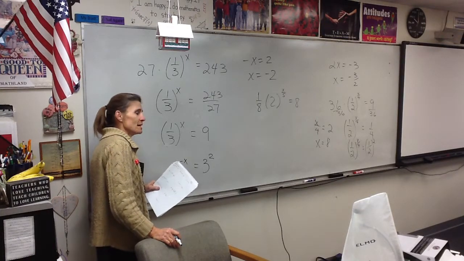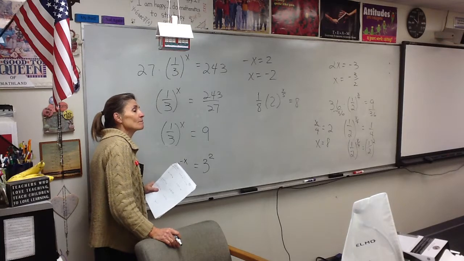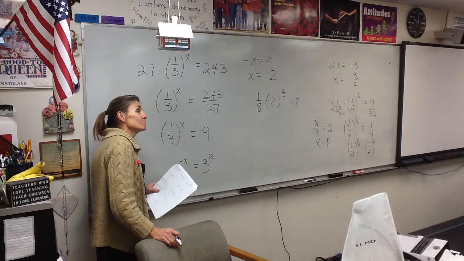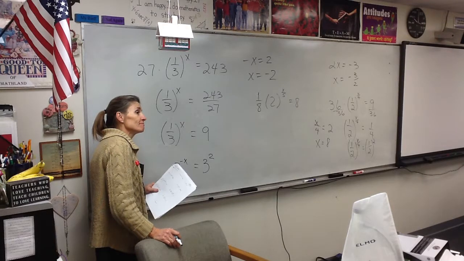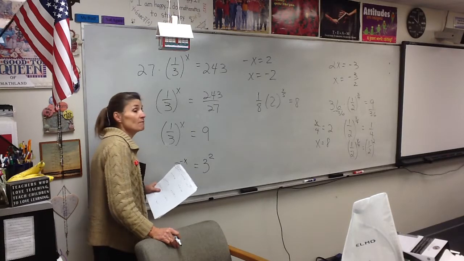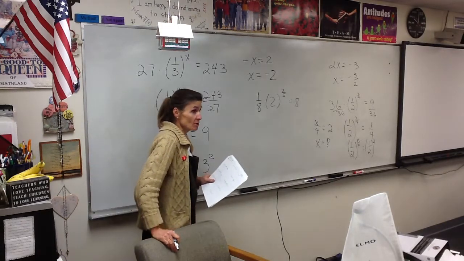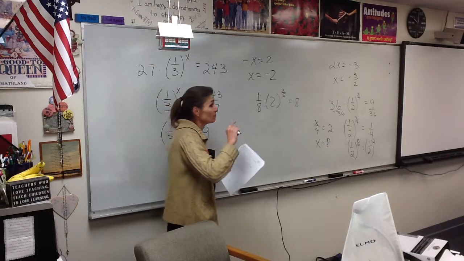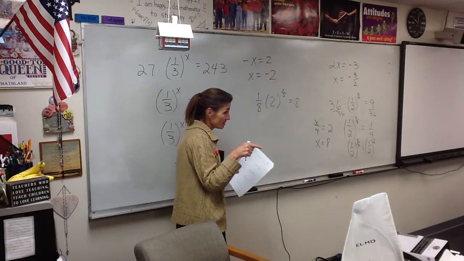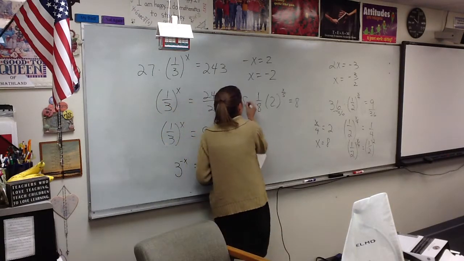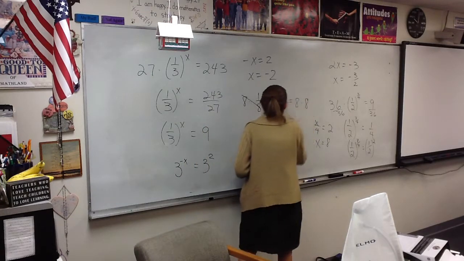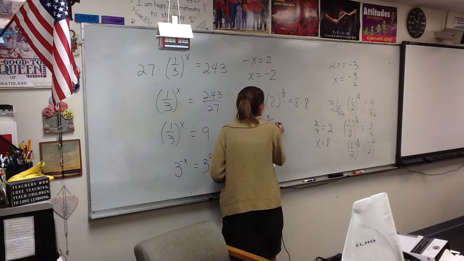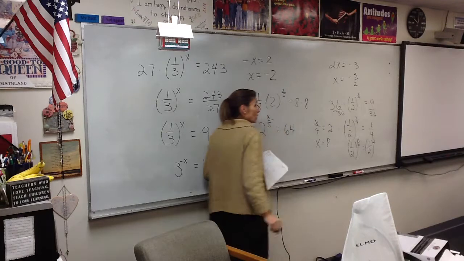Here we go. Step 1. Divide by 1/8, which is the same as multiplying by 8. So I'm going to multiply both sides by 8. So 2 to the x over 5 equals 64.